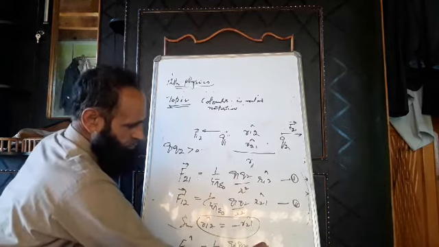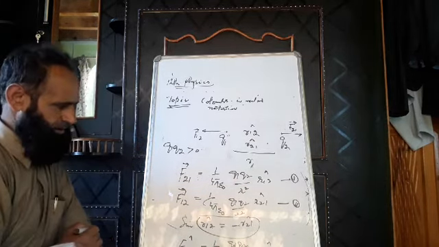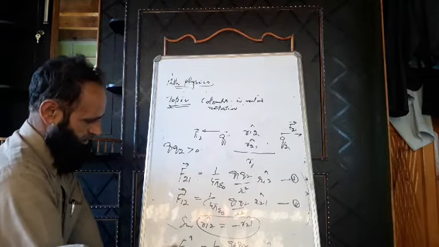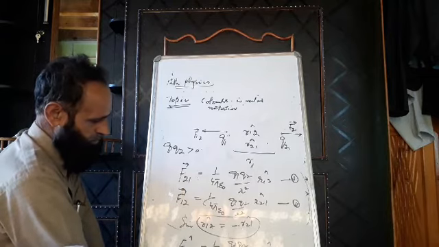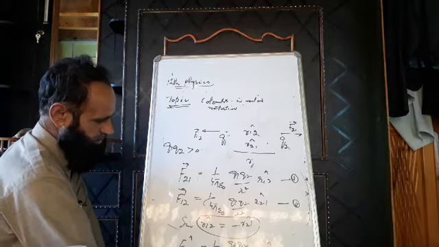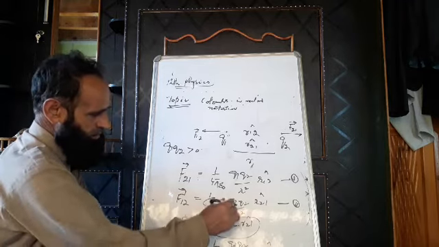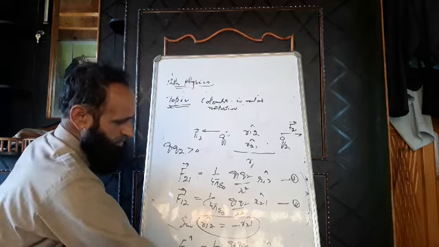Similarly F12 would be 1 by 4 pi epsilon naught Q1 Q2 by R square into R21.